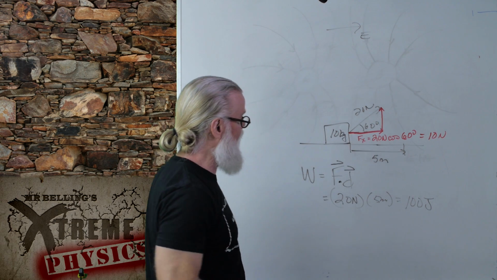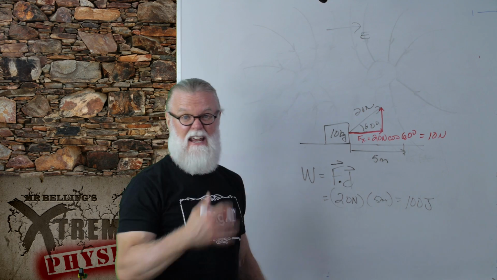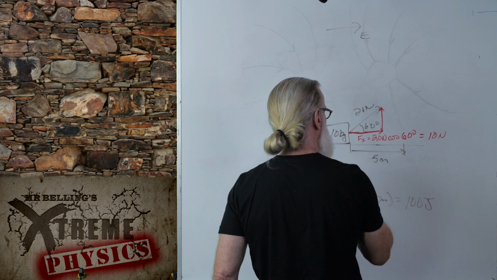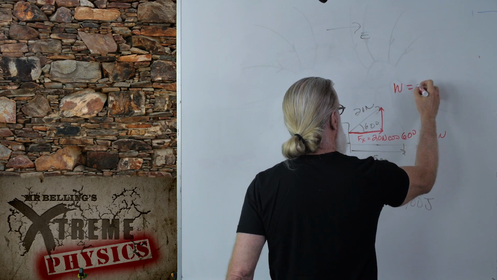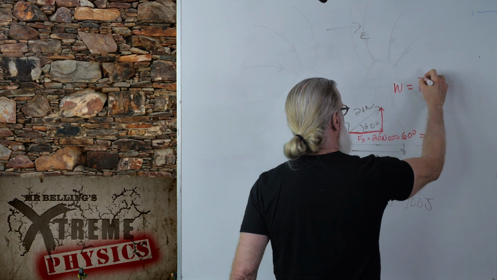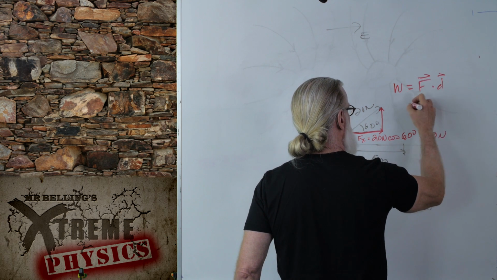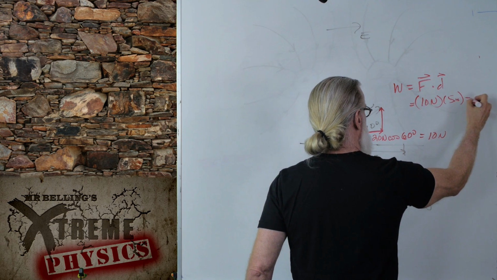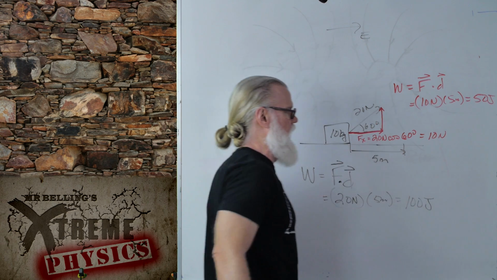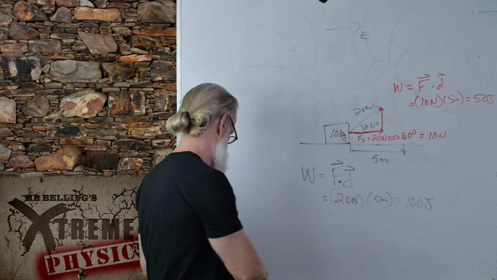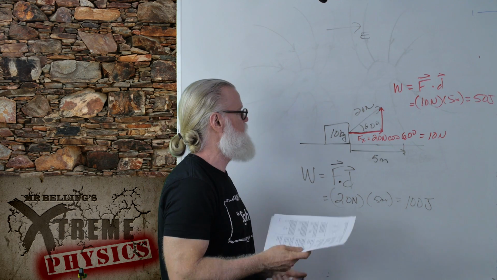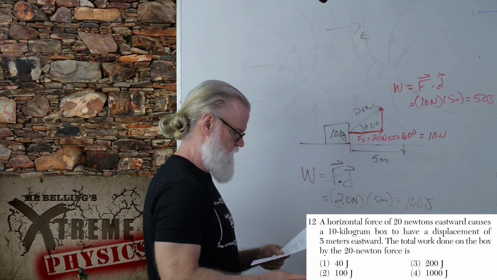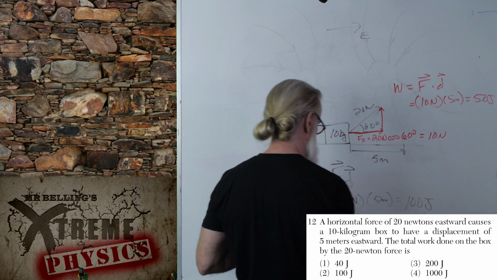They didn't ask this, but if they did, the work done by this rope or whatever is pulling on it would be work equals force in the direction of the displacement, which is 10 newtons times 5 meters equals 50 joules. So there you go. The answer was 100, though. The answer was 2. Beep.